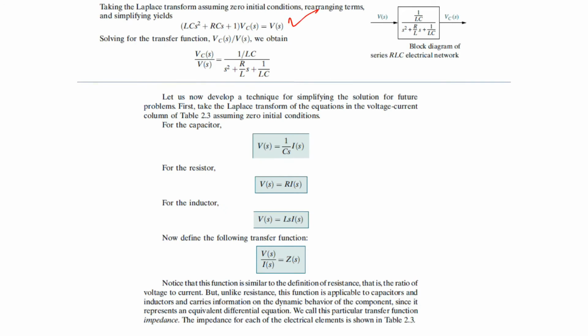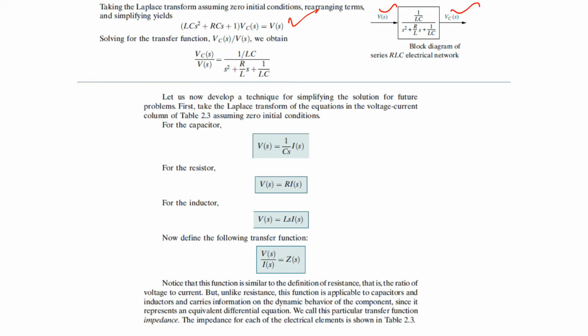Output in this case is VC and input is VS, and we are getting the final equation as 1 divided by LC, divided by S square plus R divided by L S plus 1 by LC. And finally we get this block diagram representation. Input is VS, output is VC, and this is the transfer function that we have discussed.